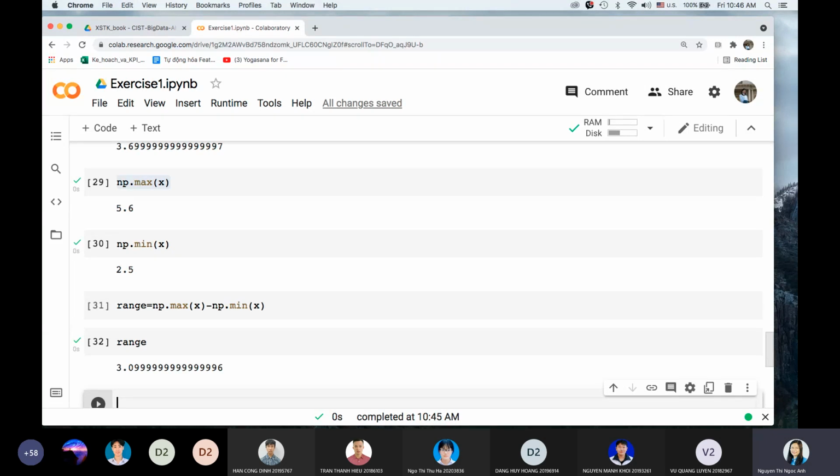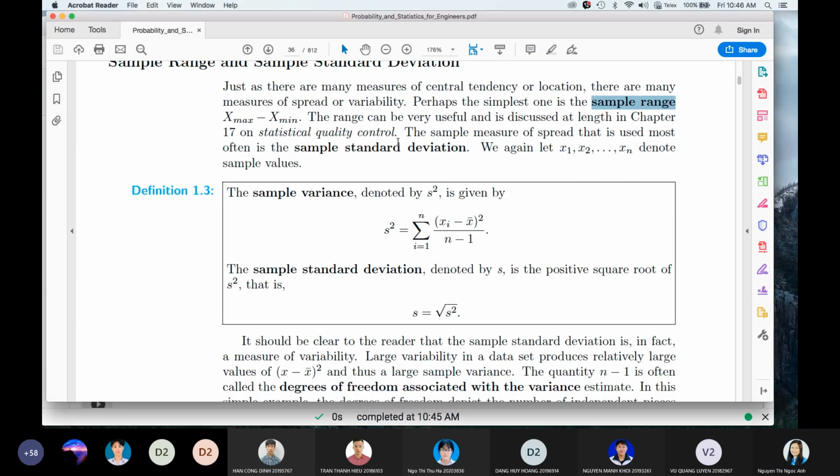Each person in our class, please write down in the comment box the range of data. Sample range of data is x max minus x min.